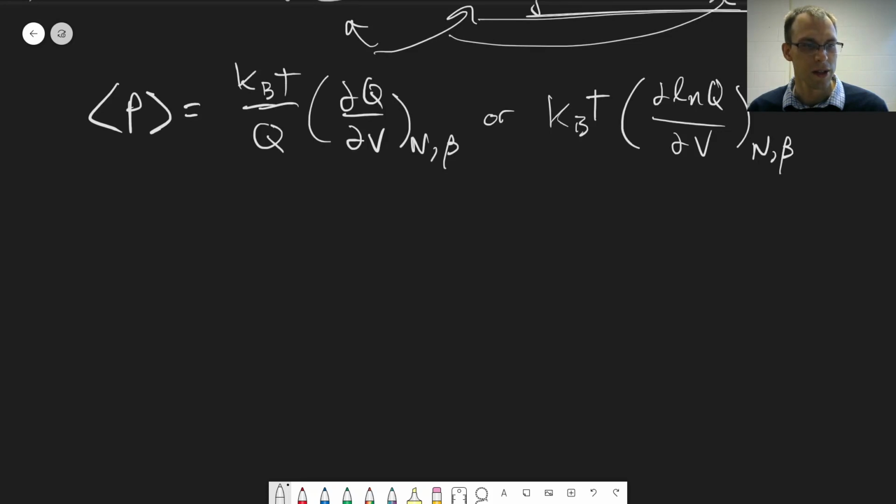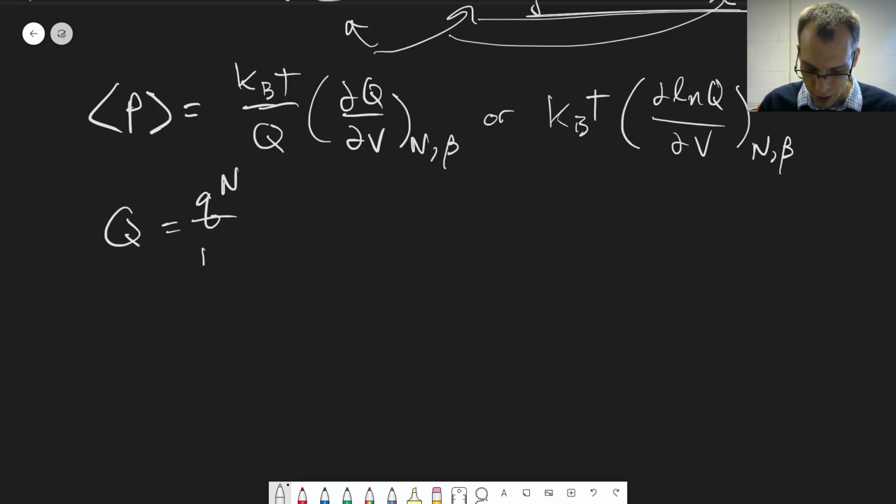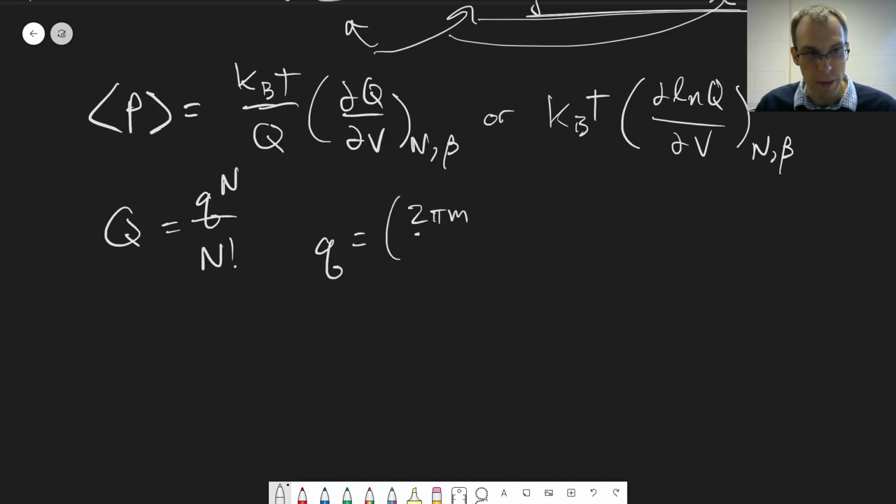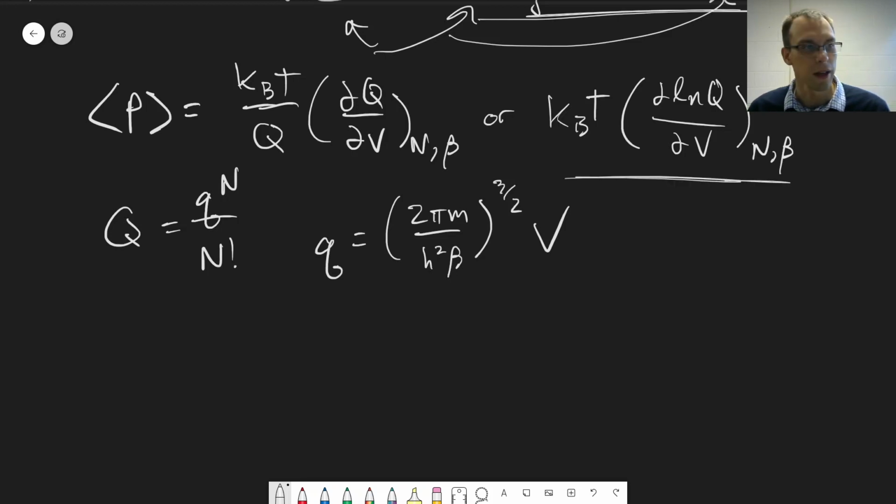So just real quick, let's do this again. Let's use this equation. I don't care so much about the derivation. What I care more about is being able to apply this equation. So let's look again at our monatomic ideal gas partition function, where we have Q is q to the N divided by N factorial, where little q is equal to (2 pi m over h squared beta) raised to the 3/2 times volume. And we need to plug it into this equation here.